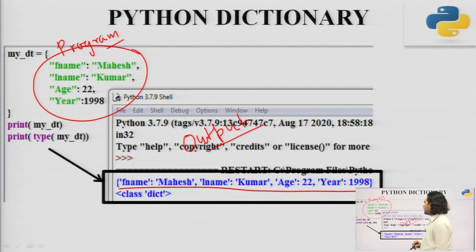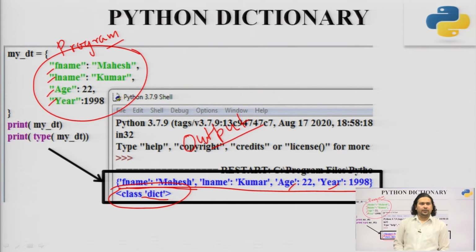My dt variable holds these 4 key value pairs, and the whole information is shown here in the fashion of f name Mahesh, L name, age and year. Along with that you can see that the type of this variable is dict, that is the dictionary data type. So, here you can see that the information is stored in the dictionary format.